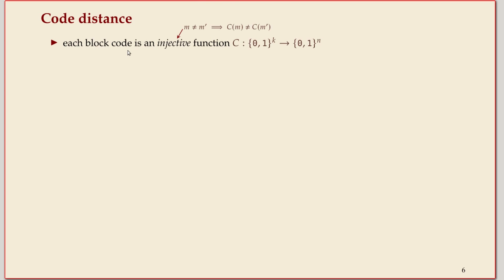First of all, whenever I have a block code, I can say that's just a function that maps any bit string of length k to some bit string of length n. Now these functions had better be injective, which means they don't ever map two different messages to the same block.